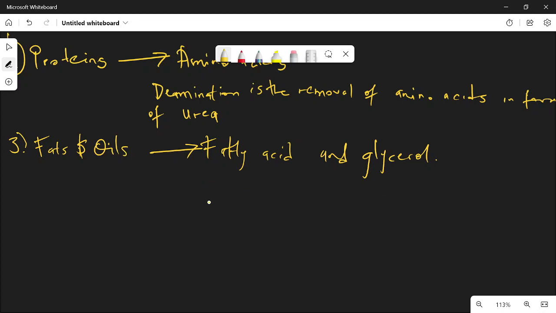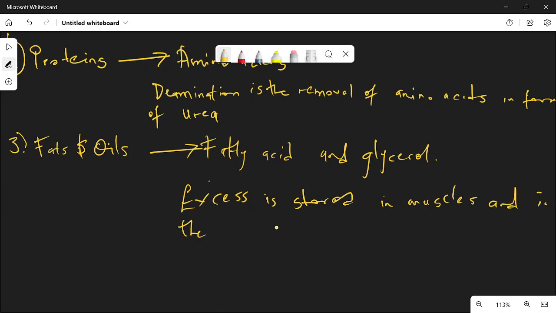The ones that the body uses are used up immediately, and the excess is stored in muscles and in the skin as body fats.